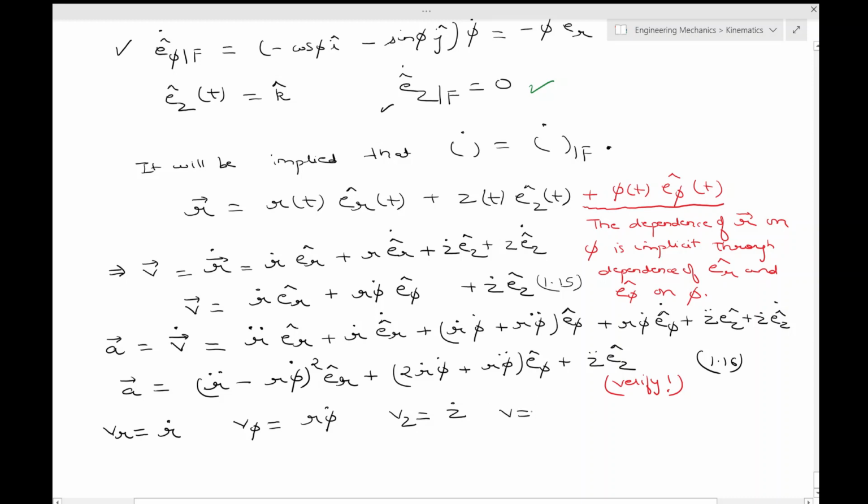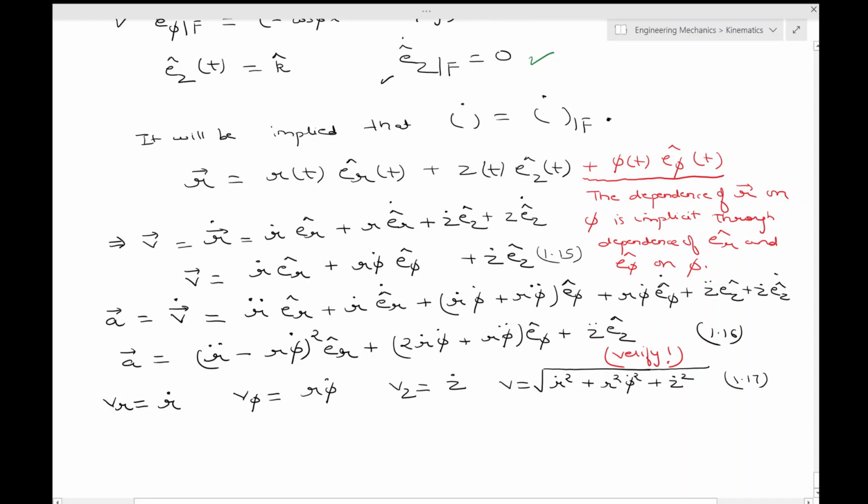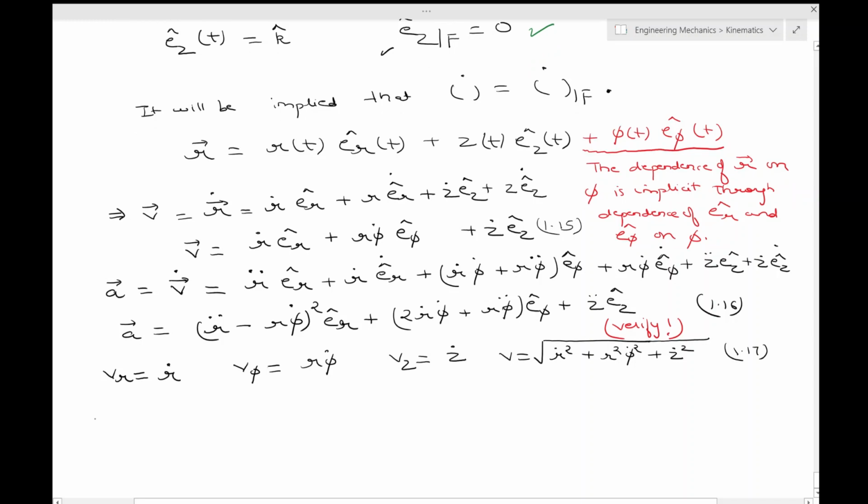The magnitude of this V is Vr square plus V phi square plus Vz square whole square root. So that would be r dot whole square plus r square phi dot square plus z dot square. This is equation 1.17.